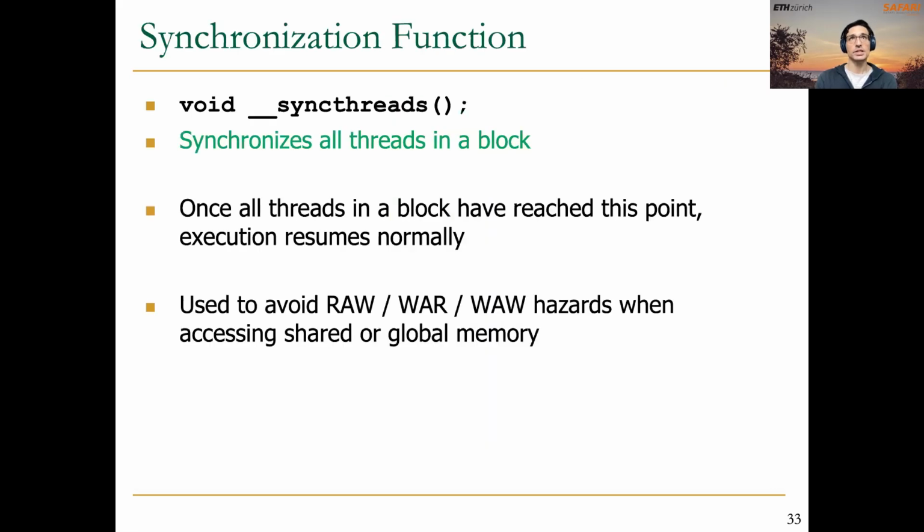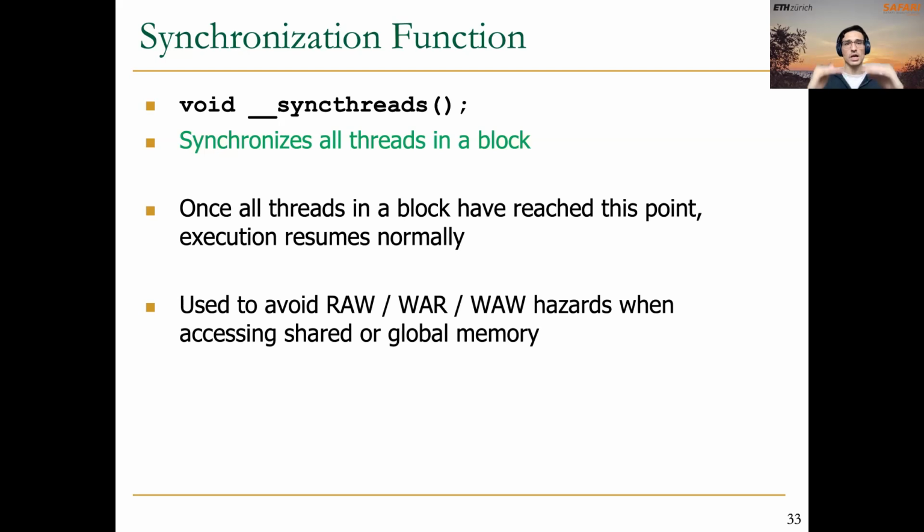Sync threads is the intra-block synchronization function that synchronizes all threads in a block. What this essentially means is that you know that thread blocks are divided into warps when they are mapped onto a GPU core. So warps are executing instructions. At some point, all threads in one warp will reach the synchronization point, will reach the sync threads.